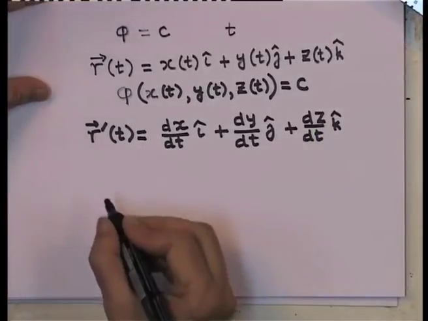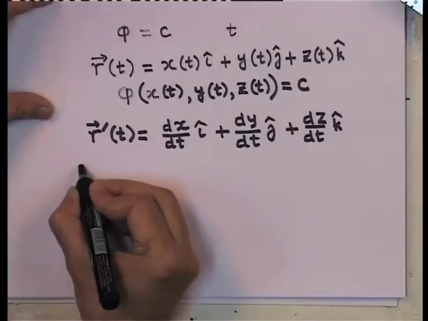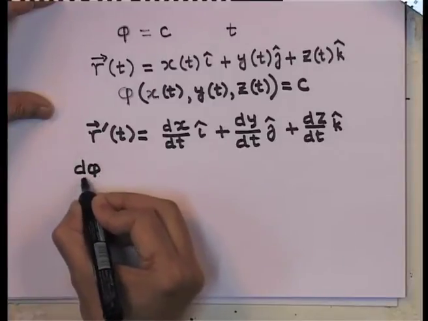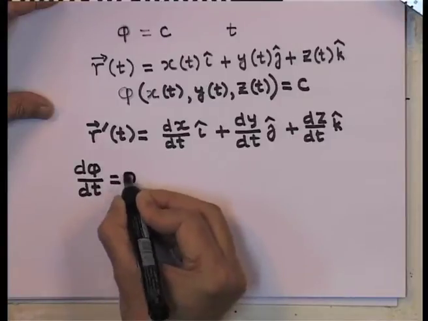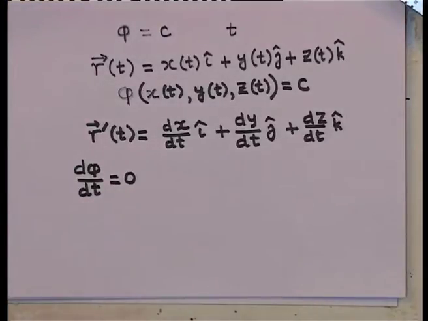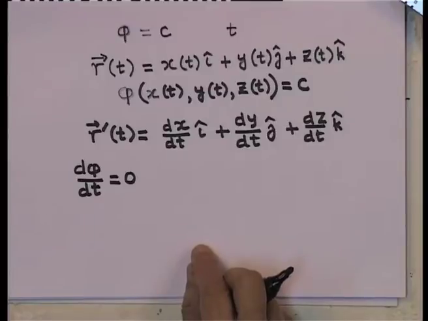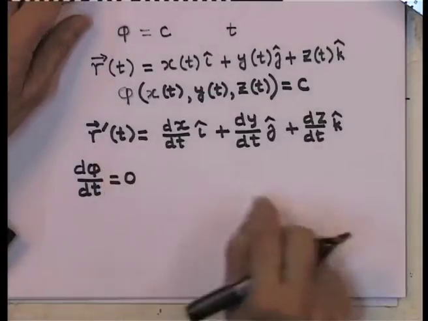Now, when is d phi by dt 0? Because I am looking at a level surface, the value of the function is constant.